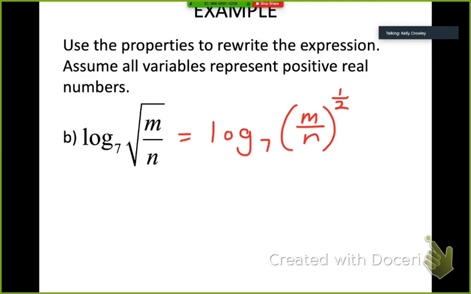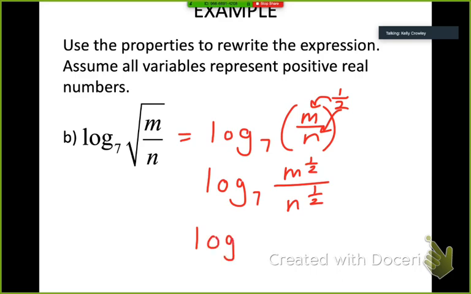So if we remember our exponent rules, I can take that m and that n and give them both that exponent of 1/2. So that really is log base 7 m to the 1/2 over n to the 1/2. And because I have a quotient, that's going to turn into division. So log base 7 of m to the 1/2 minus log base 7 n to the 1/2.